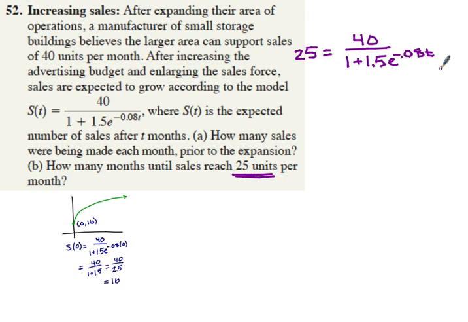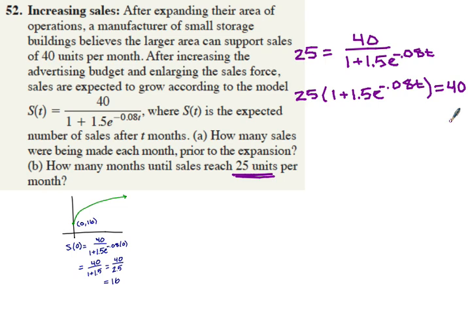We're going to multiply by the denominator. Perfect. So we'll end up with 25 times the quantity of 1 plus 1.5 e to the negative 0.08 t. That should equal our 40. Okay, now what can we do?